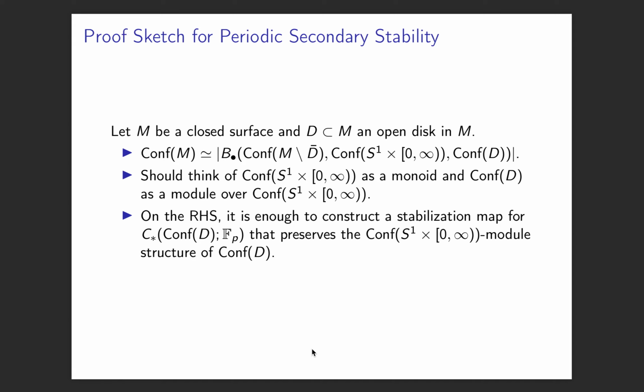And the important thing here is that you want this stabilization map to preserve the algebraic structure of configurations on D viewed as a module over configurations on the cylinder. And that I think is probably the hard part and the interesting part of the proof. And then once you do that, you can get an ordinary stabilization map as well as a secondary stabilization map pretty easily.